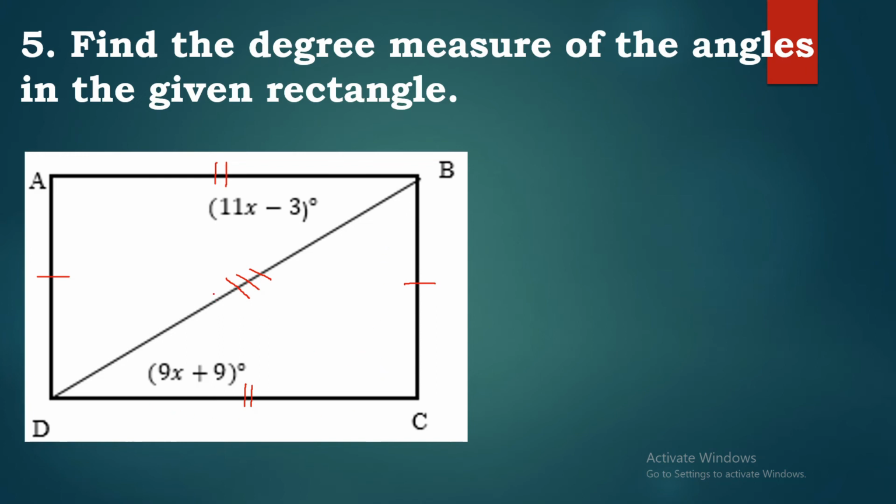And then for the angles, we have, of course, angle A is congruent to angle C because all the vertices of a rectangle measure 90 degrees, all right angles.